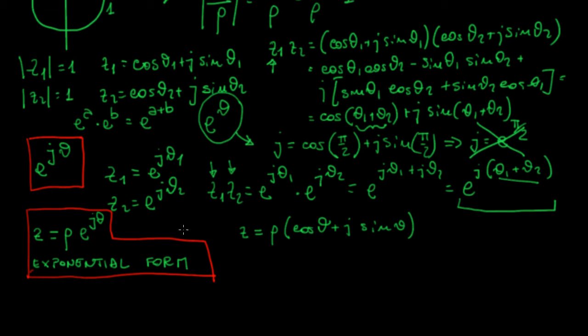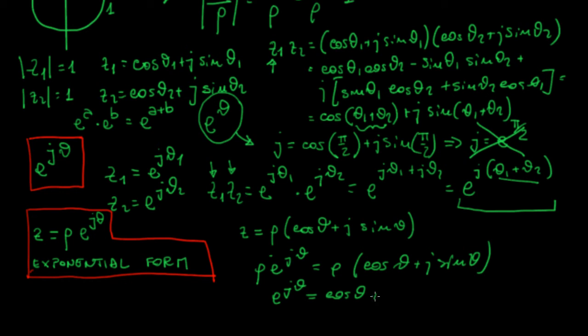So we could put all together this in one single expression, that is rho e to j theta is equal to rho times the cosine of theta plus j the sine of theta. That is, of course, the same as to say that e raised to j theta is equal to the cosine of theta plus j the sine of theta.